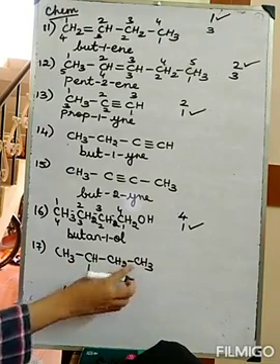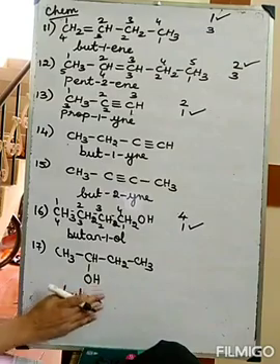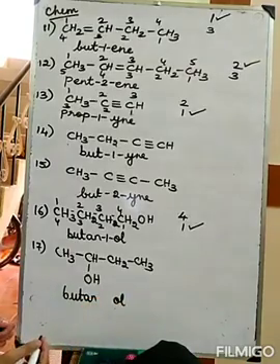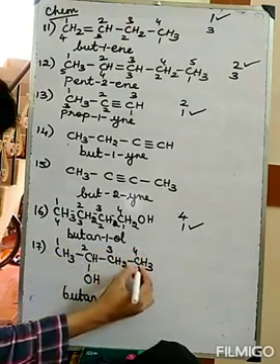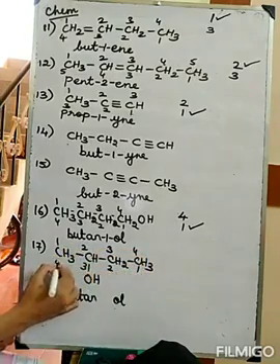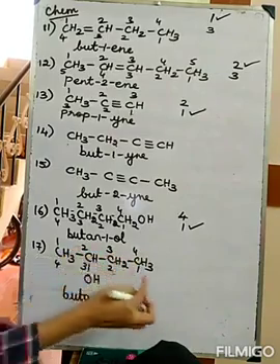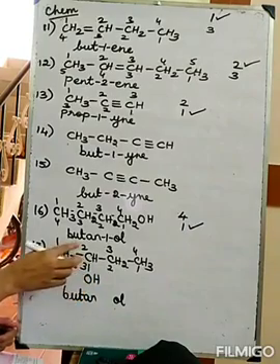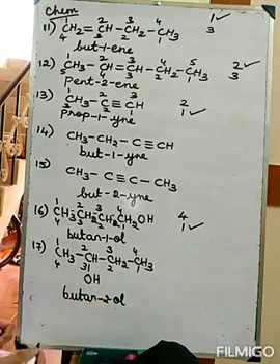Single bond means it is ane, but an alcohol group is present, so instead of E, you should write OL. Now you have to mention the position. 1, 2, 3, 4. When you number from this side, you are getting the number 2. When you number from this side, you are getting the number 3. Always take the least number. So it is butan-2-ol.